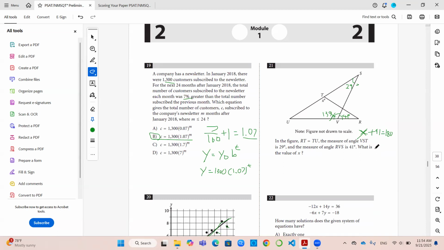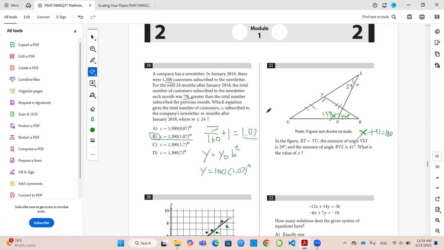Now we're given that RT and TU are equal to each other, so the triangle RTU is an isosceles triangle.